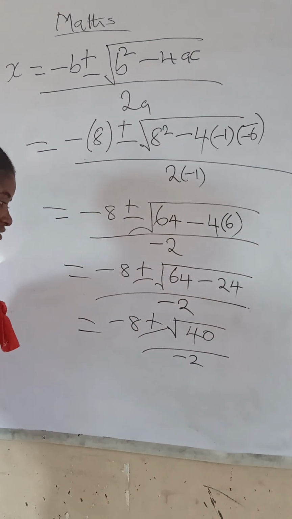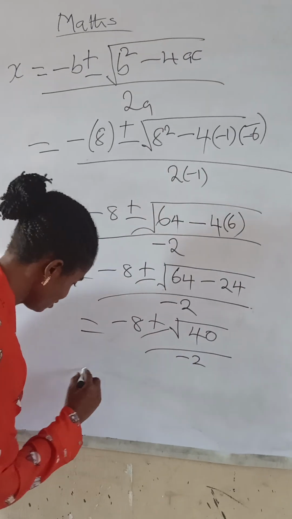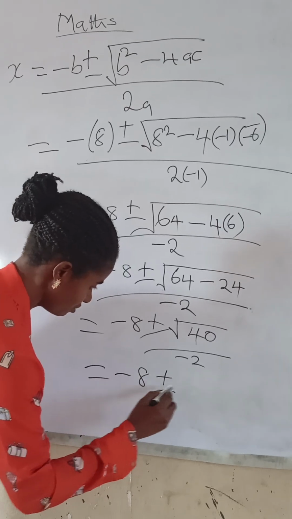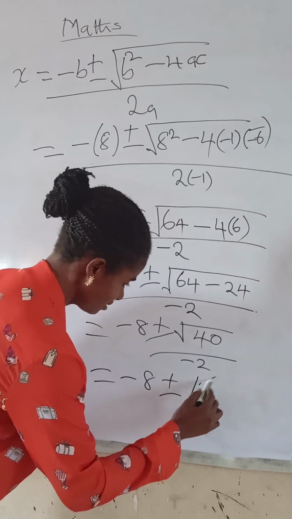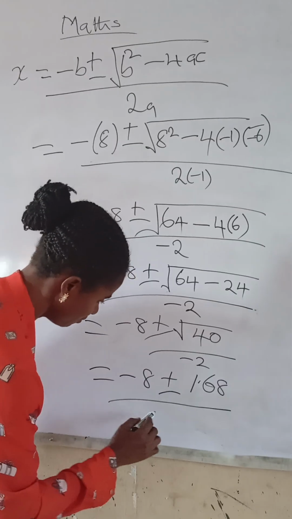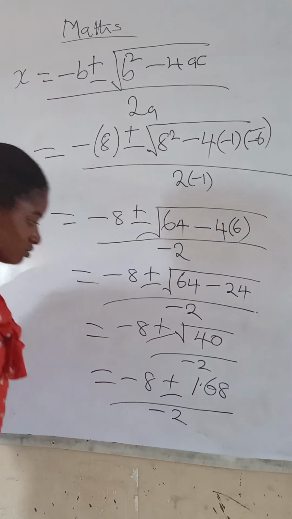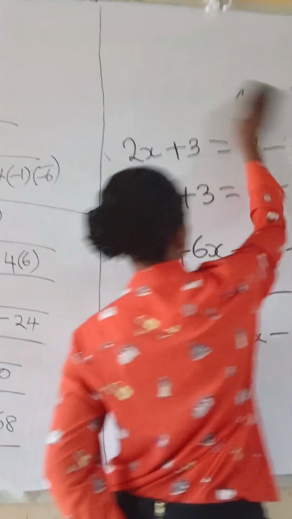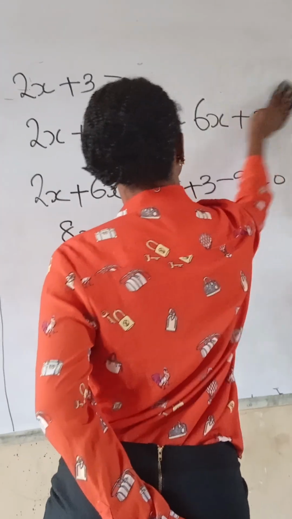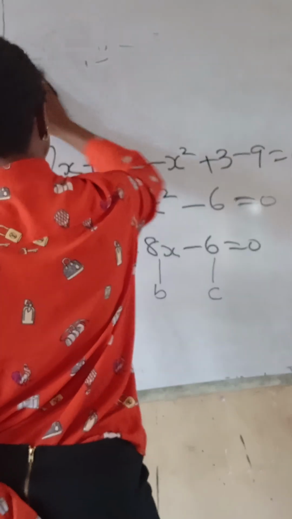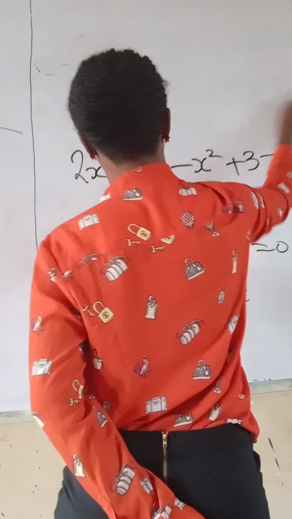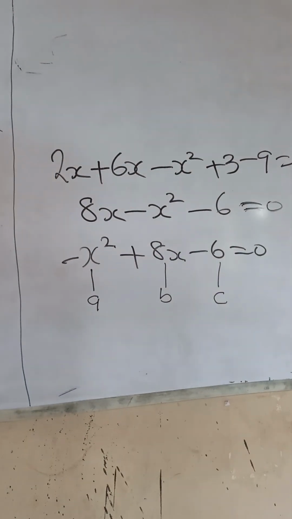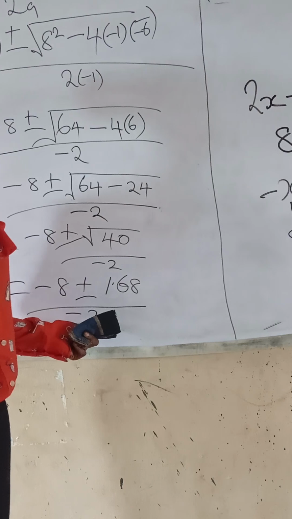We now have the root of 40 is going to be, minus 8 plus or minus 6.32, divided by minus 2. If you get to this place, you have two things involved.